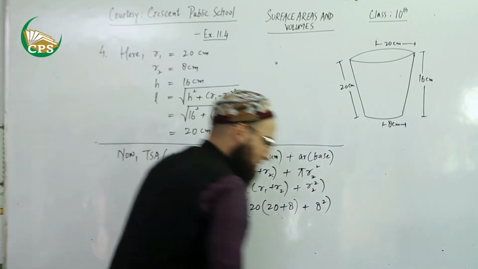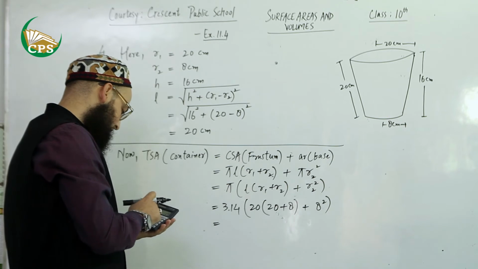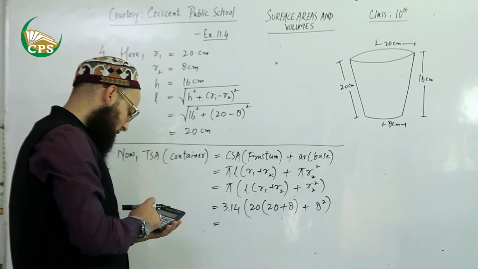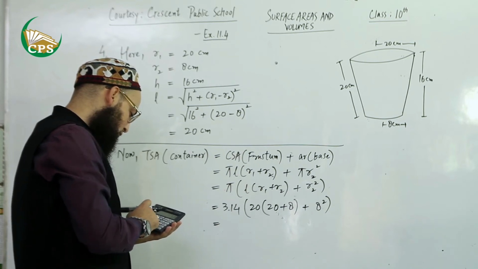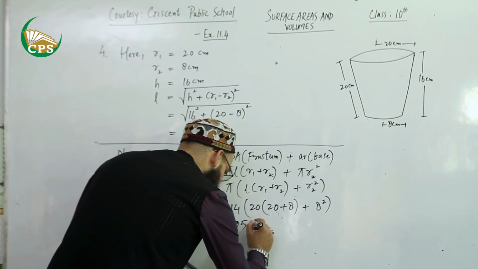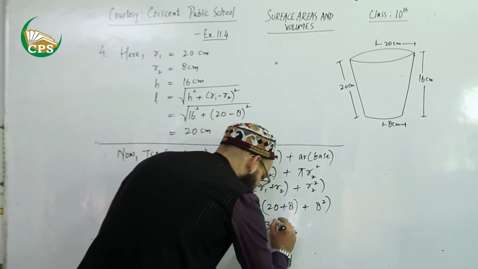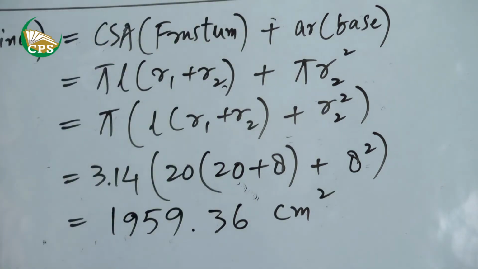Now on solving this, what will I get? That is 28 times 20 plus 64, times 3.14. That will give you 1959.36 square centimeter. And what is this? This is the total surface area of this container.